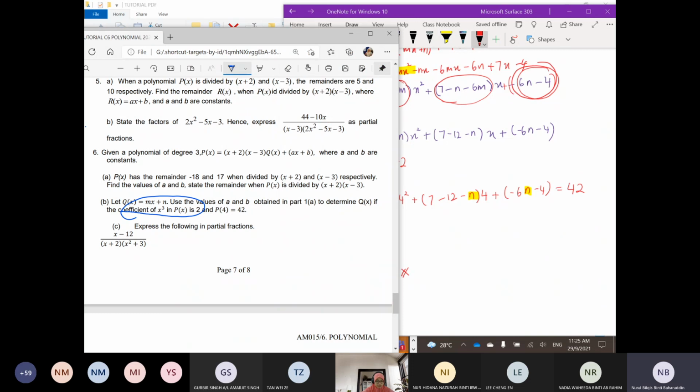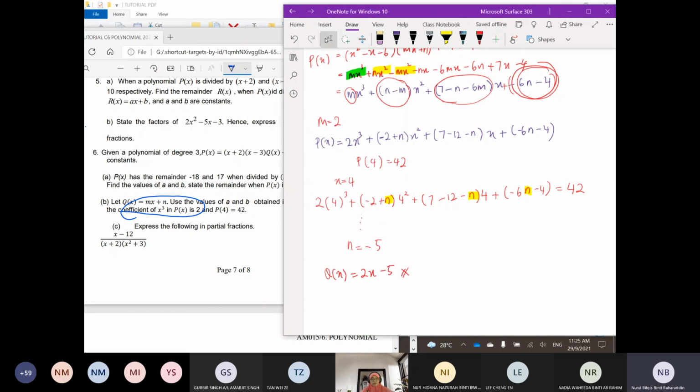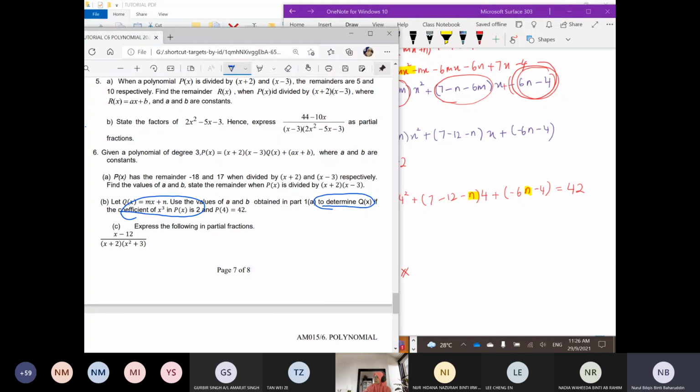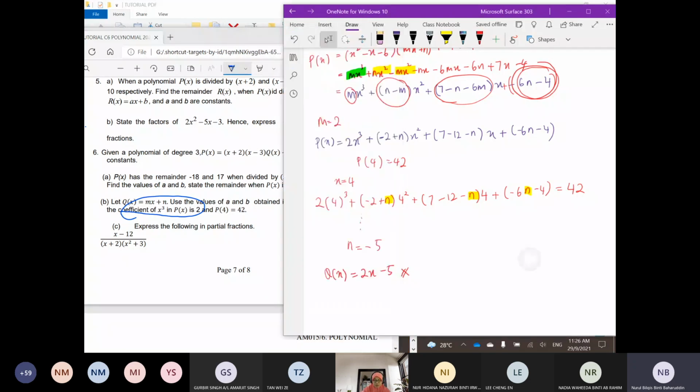If you notice here, in 6B there is no question, only information. Let Q(x) equals to mx plus n. Use the values of a and b obtained to determine Q(x). There is no word find, so here is to determine Q(x).